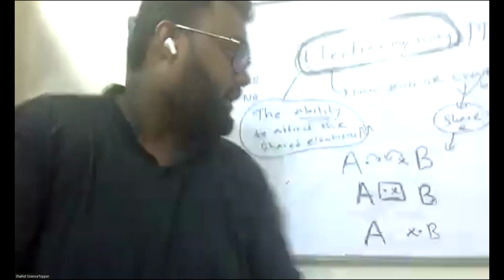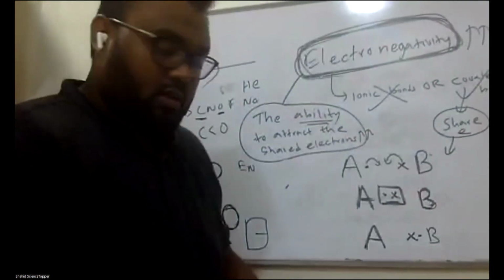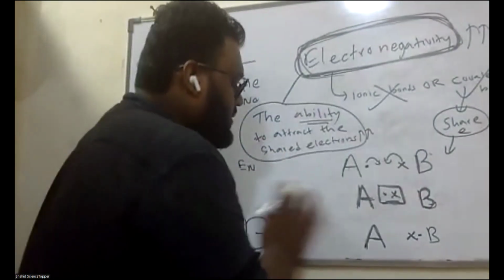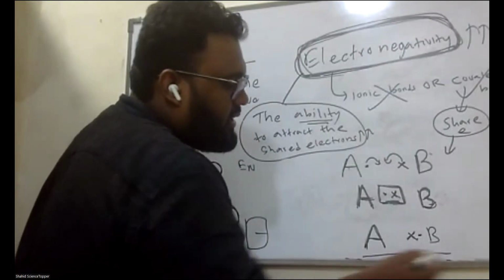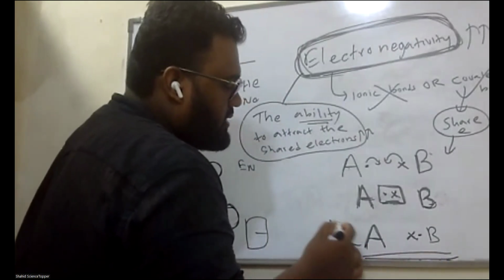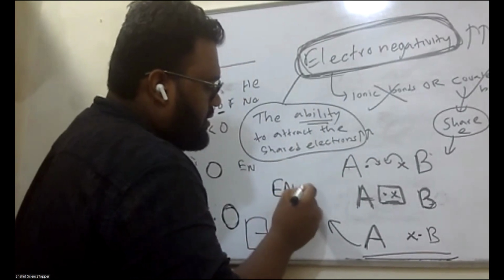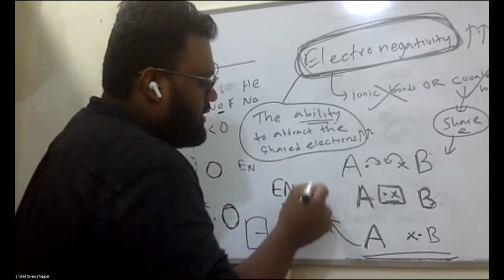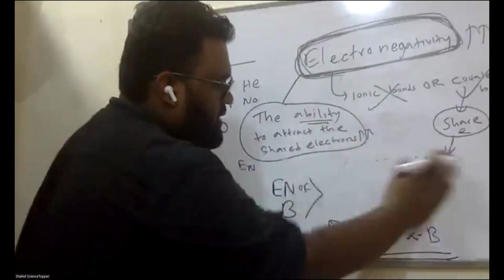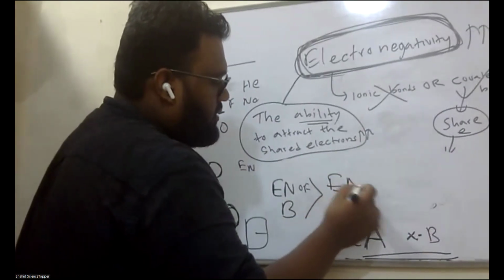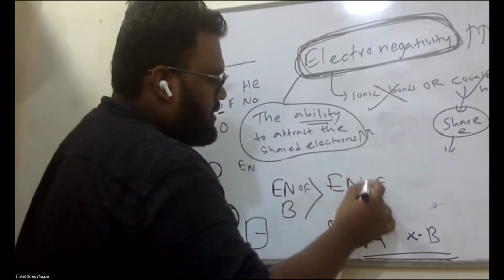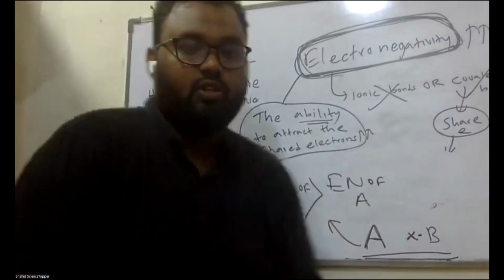After that, you need to mention somewhere here that this is happening like this because the electronegativity of B is greater than the electronegativity of A. That is why it is moving towards B.